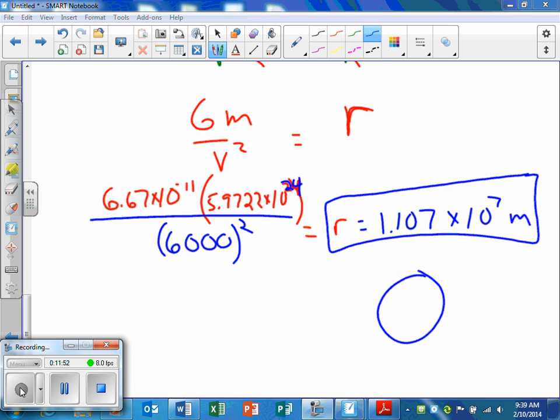So like if this is the center of the earth, and we said this is low Earth orbit, then this is going to be a step above that. Does that make sense? Okay. So that is an actual distance. We can actually orbit there with a velocity of 6,000 meters per second.